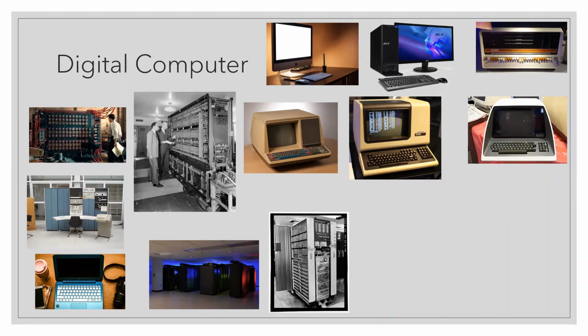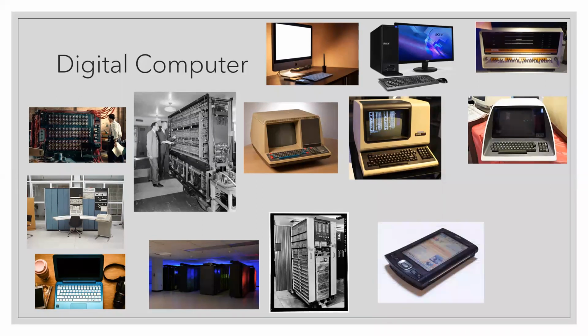We can say sometimes this is a mini computer. It's like a refrigerator. There, 2 or 3 people can work together. And this is a smartphone, which is also a kind of digital computer.